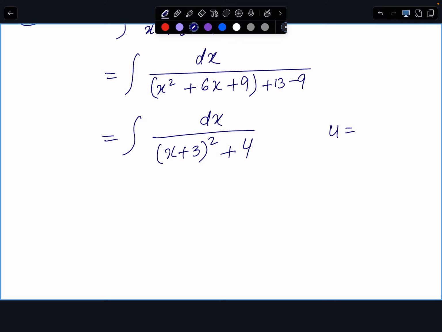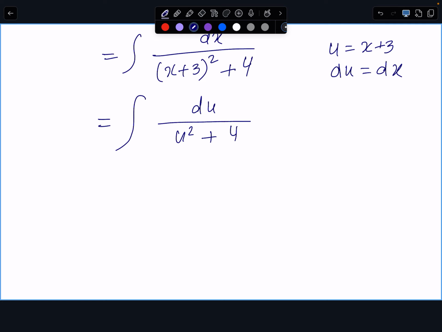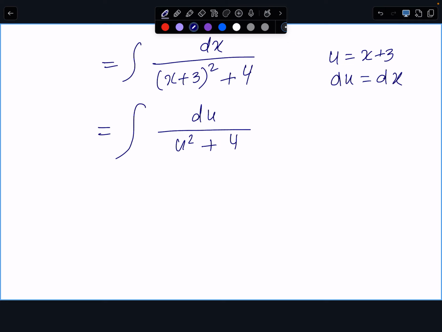Okay, we're gonna say u equals x plus 3. Okay, guys? du is what? dx. Now what do we have? du over u squared plus 4. Is that clear or not? Yes, clear. Now we say that we multiply by 4 and divide by 4.